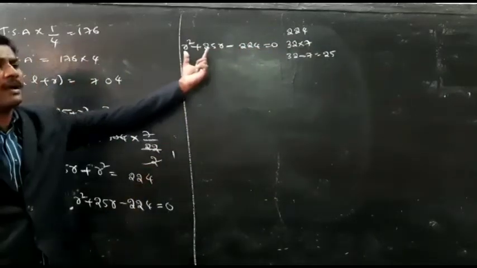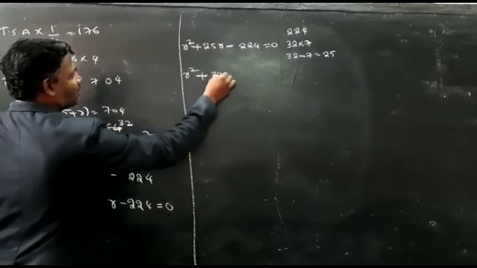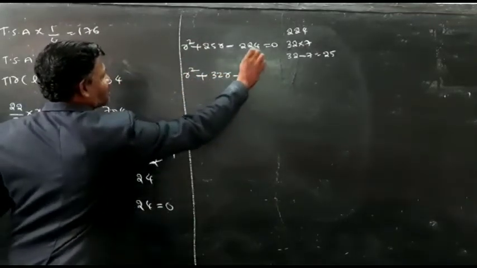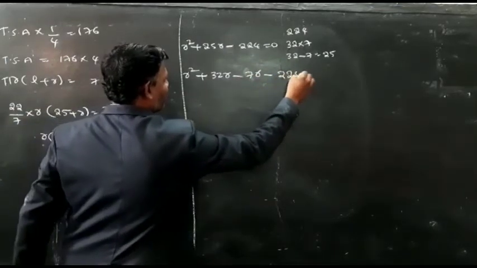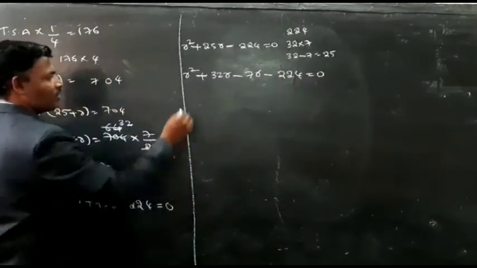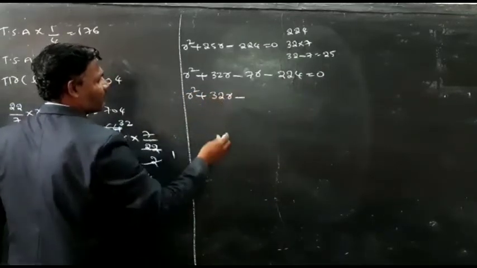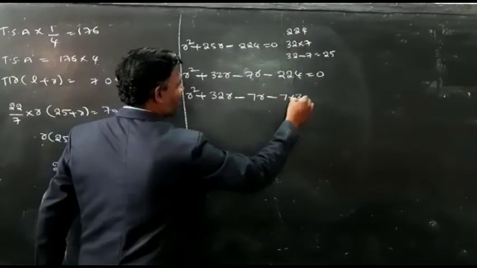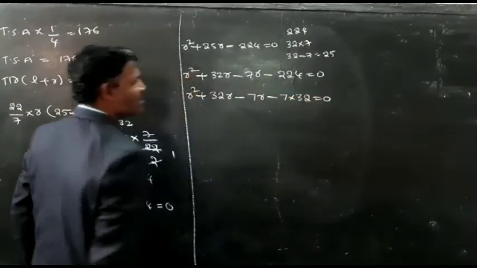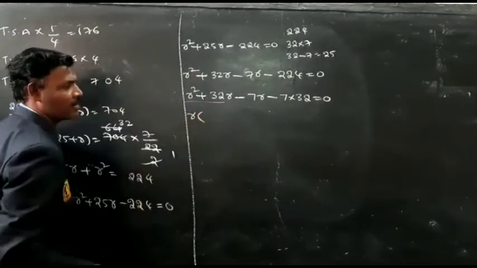It means r square plus 25r minus 224 is equal to 0. I am splitting the middle term: r square plus 32r minus 7r minus 224 is equal to 0, where 224 is 7 into 32. From these two, what is common? r is common.